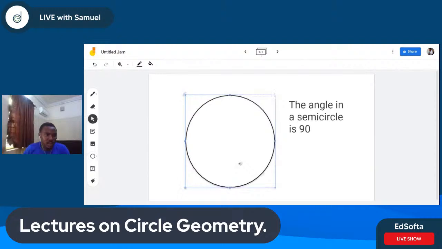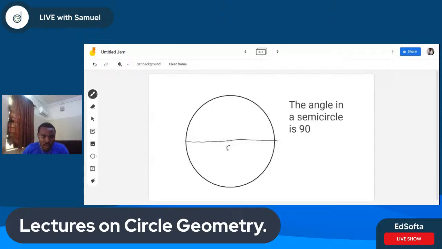Okay, so let's pick a center and let's draw a line. Now let's see, this is our center O. If you draw a line like this, you now draw another one, so it touches the circumference.